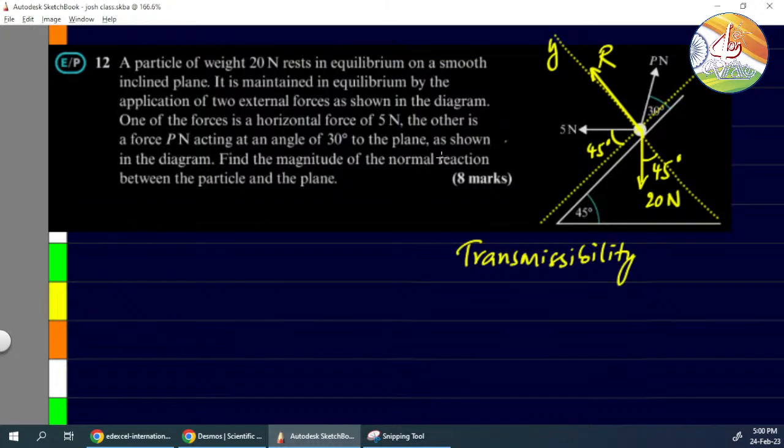So we have to find R, right? R is the only value he is asking, or is he asking P as well? P is not asked, but P also we have to find if we want to find R. So first we have to take sigma x or sigma y.